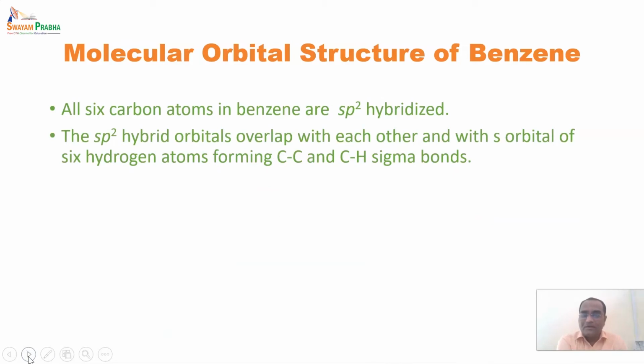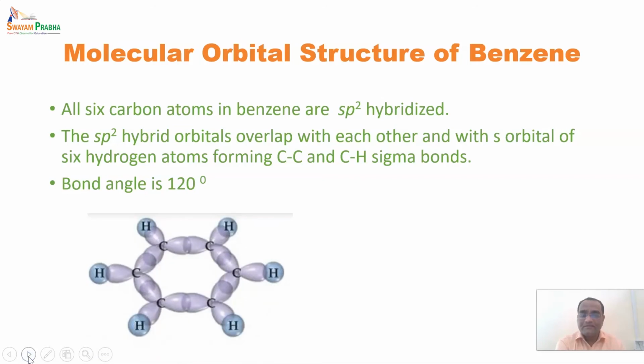The sp2 hybrid orbitals overlap with each other, and with the s orbital of 6 hydrogen atoms, forming carbon-carbon bonds and carbon-hydrogen sigma bonds. The bond angle is 120 degrees between each carbon, and this is how the orbital structure of benzene looks.